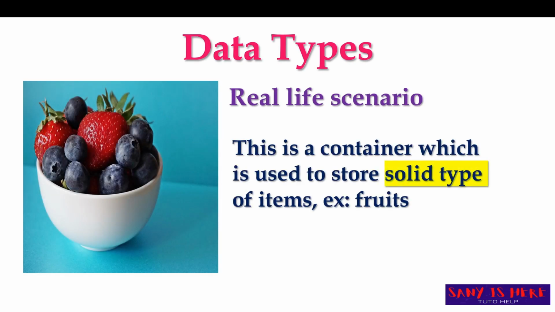This is the container which is holding solid type of items, that is fruits. Like this, while solving the problem, we may need different type of data, and that data can be stored in variables. We are going to study the types of such kind of data.